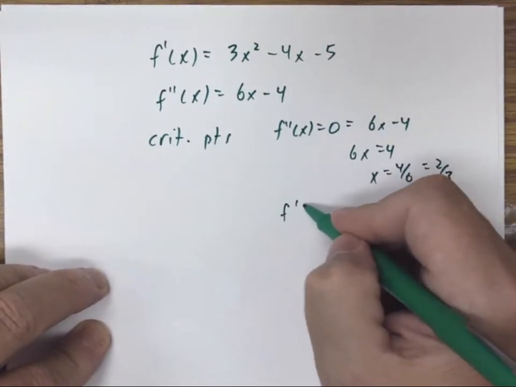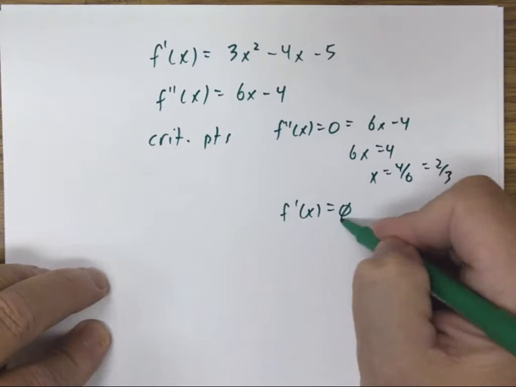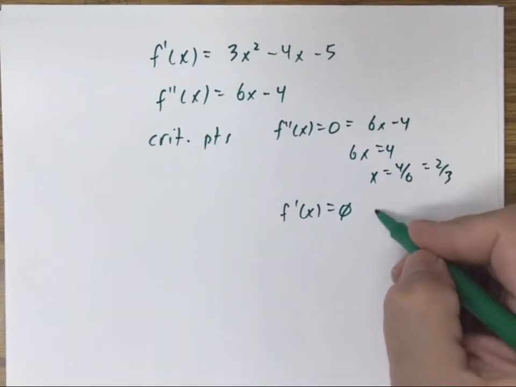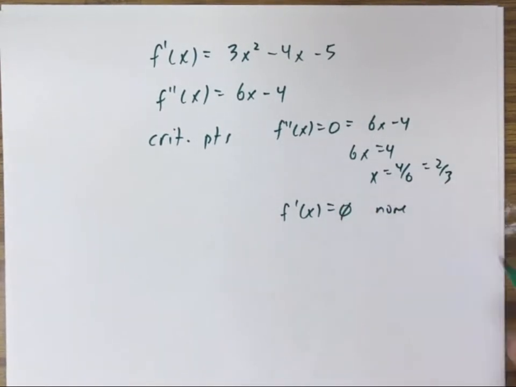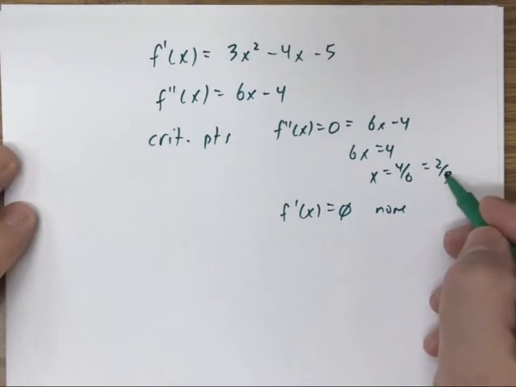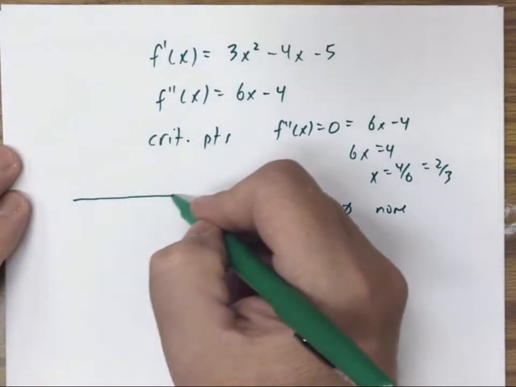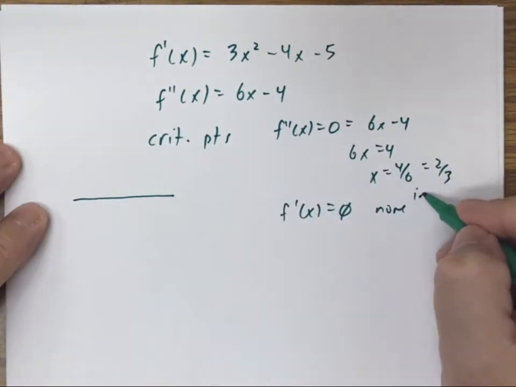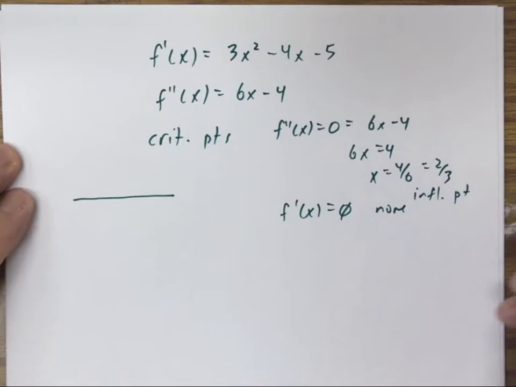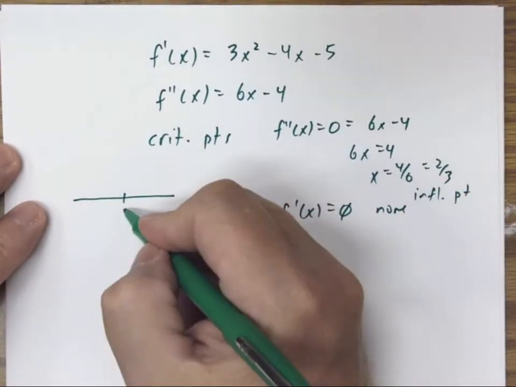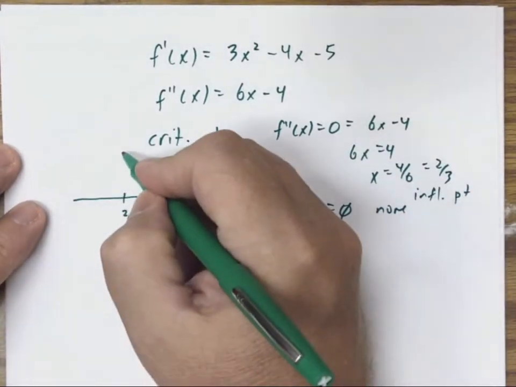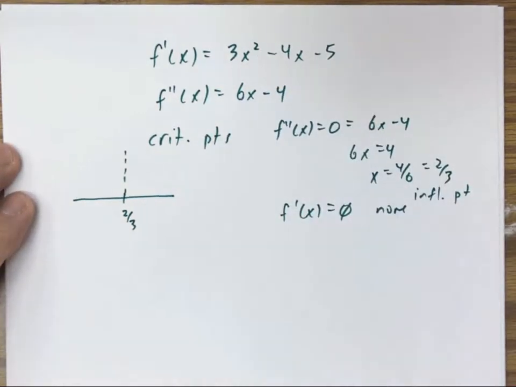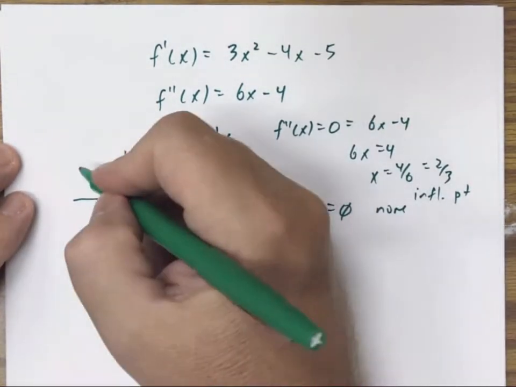We also check to see if there are any points where it's undefined, and there are none, because this only happens when you have some kind of a fraction. So now, based upon this critical point, that's actually an inflection point, and that's where the concavity is probably going to change.